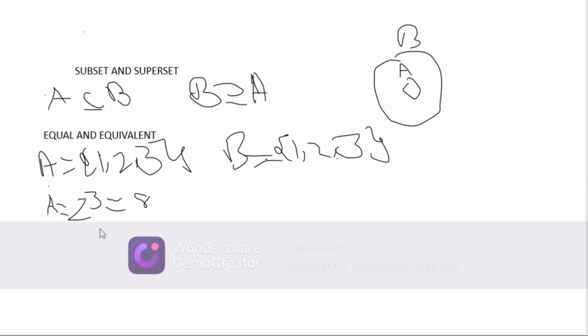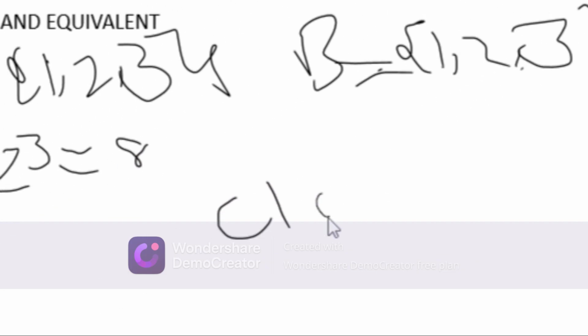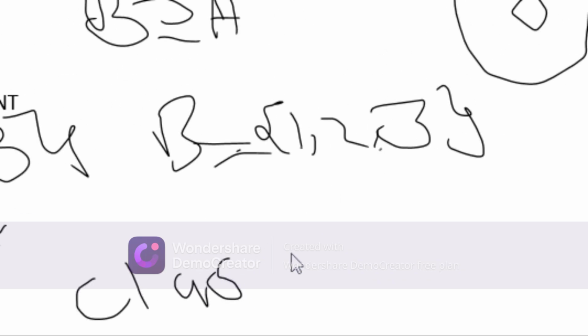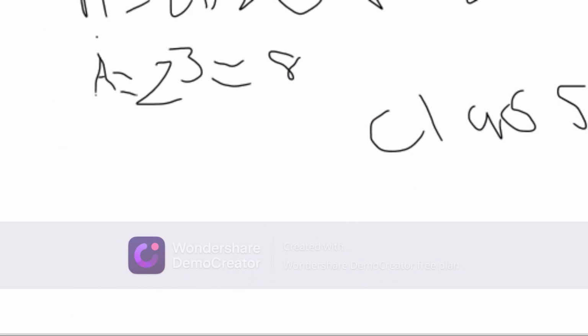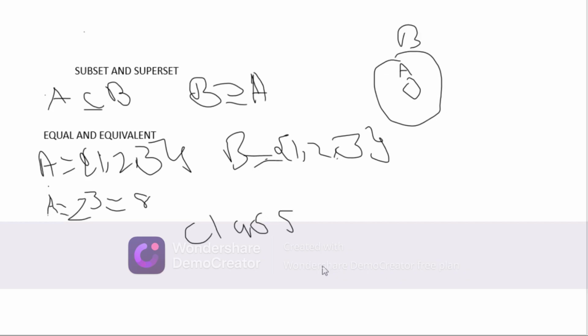The last one on definitions is class of sets. So what is a class of sets? A class, or collection, or family, is a set of sets. Are you getting the point?